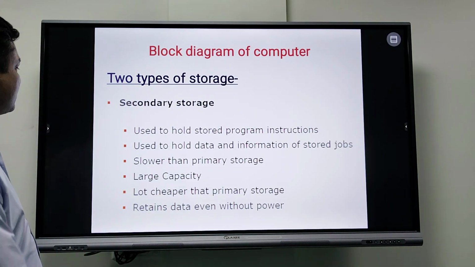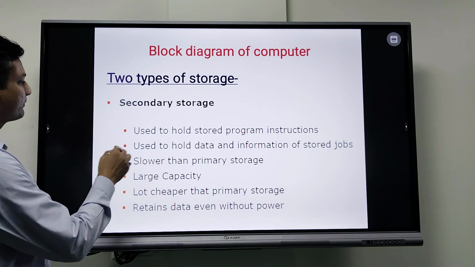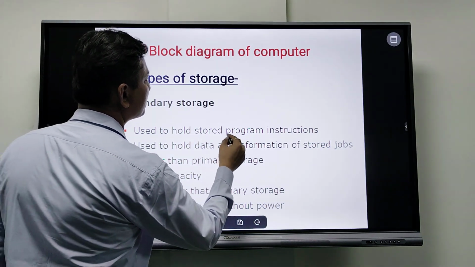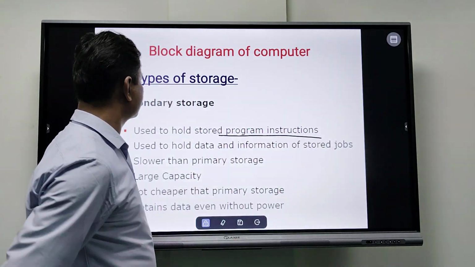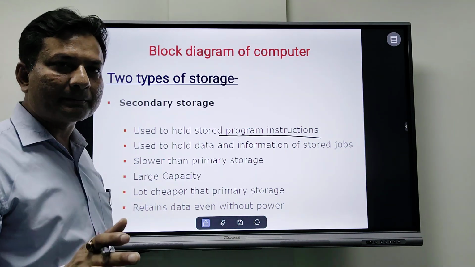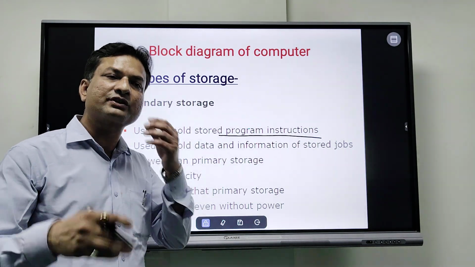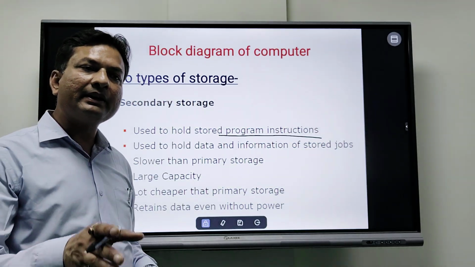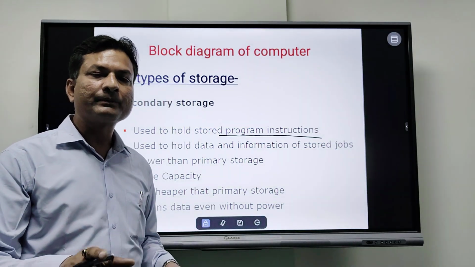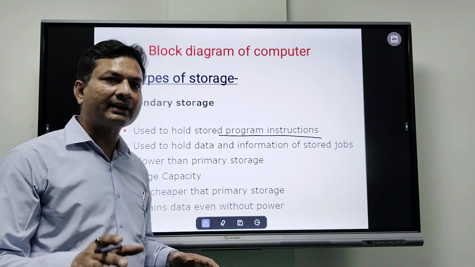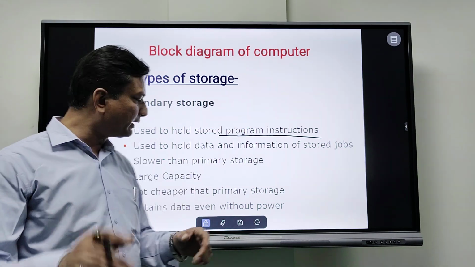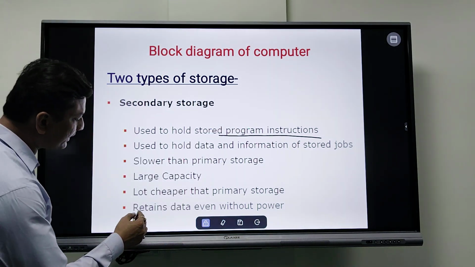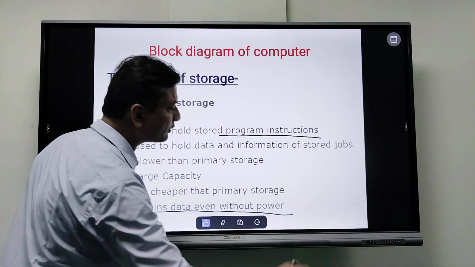Secondary storage is used to store programs and instructions. We can store any program or instructions, means data and instructions, inside the secondary storage, similarly to the way we store data and instruction inside the primary memory. The only difference is that it retains data even without power.